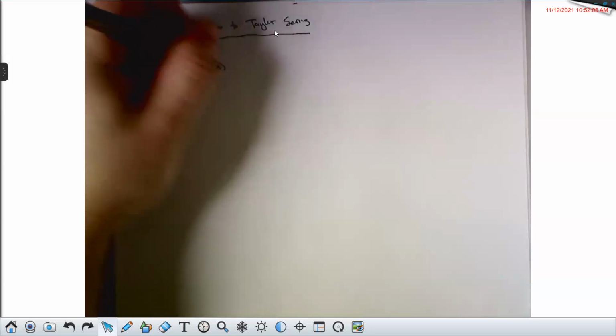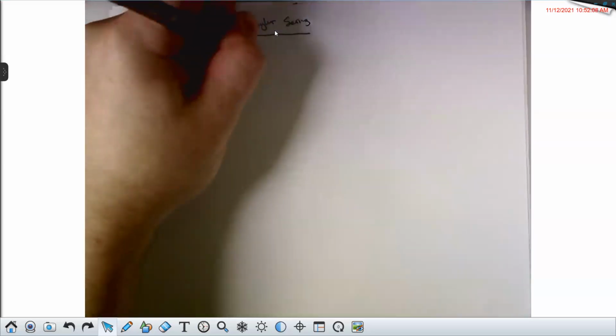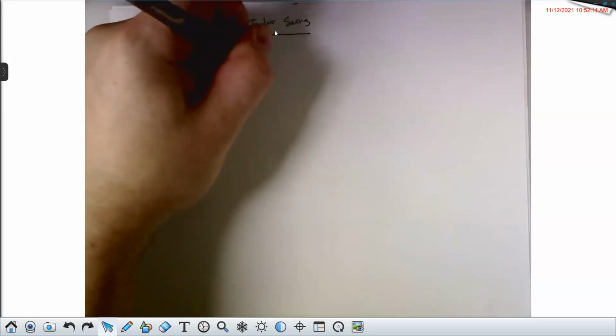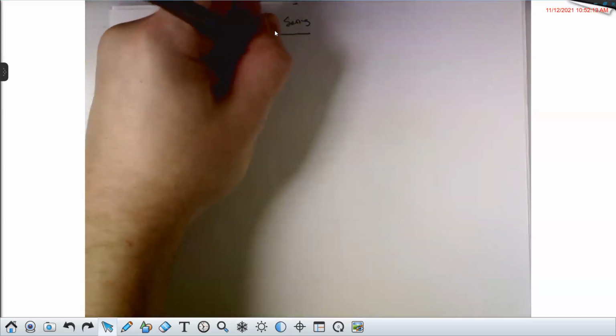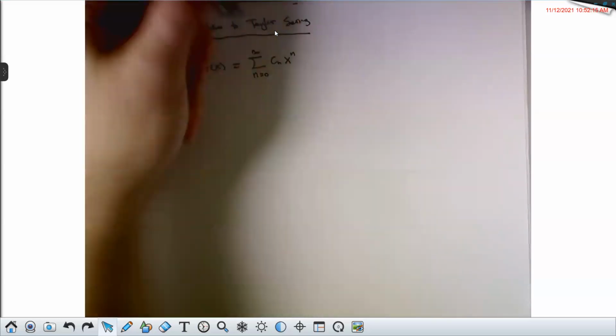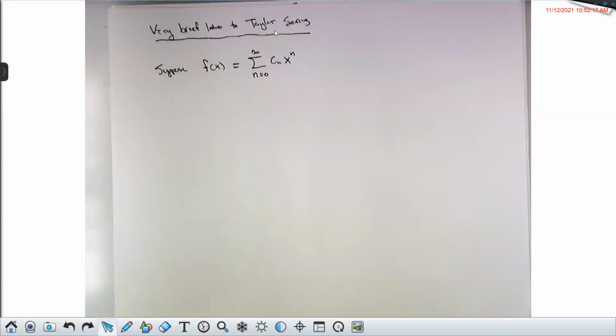Suppose f of x can be written as a power series centered at 0, sigma n from 0 to infinity, c_n x to the n. All right, so somebody already did the stuff that you're doing in 11.9, and they found you a power series.